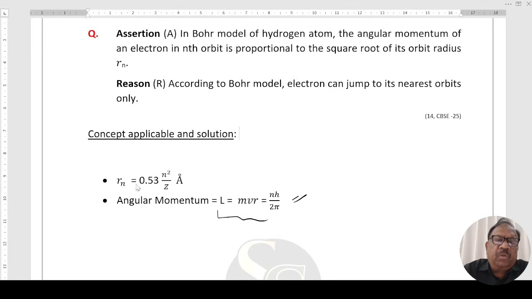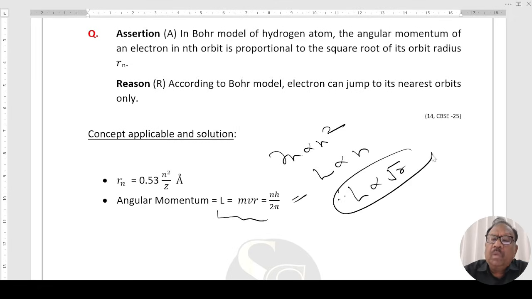And radius of nth orbit, Rn is proportional to n square and L is proportional to n. Therefore, L is proportional to under root R. So this assertion is true.